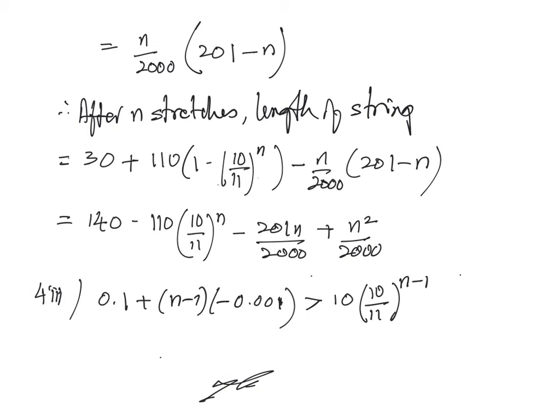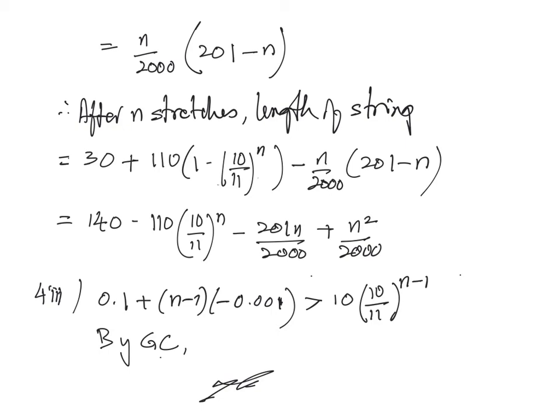Right, all you have to do now is use GC. It has been found that many of you are very reluctant to use the GC to solve this complicated inequality.